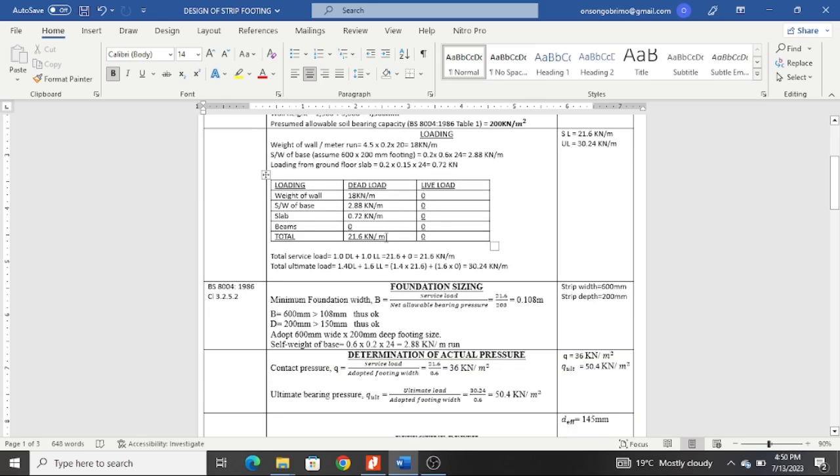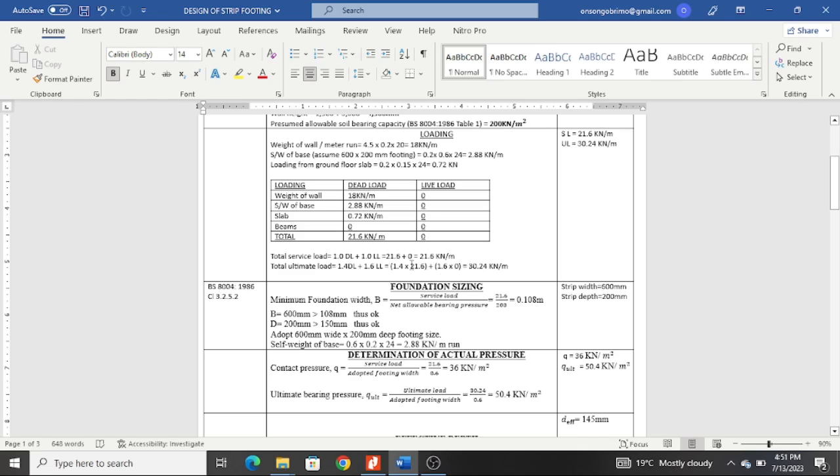Then this being the maximum, you add the total service load, you add these and these to get 21.6 kilonewtons, and the total ultimate load is now obtained by 1.4 dead load, add 1.6 live load as stipulated in the British Standard 8110. And then when you do this, because we don't have a live load, this becomes 0.